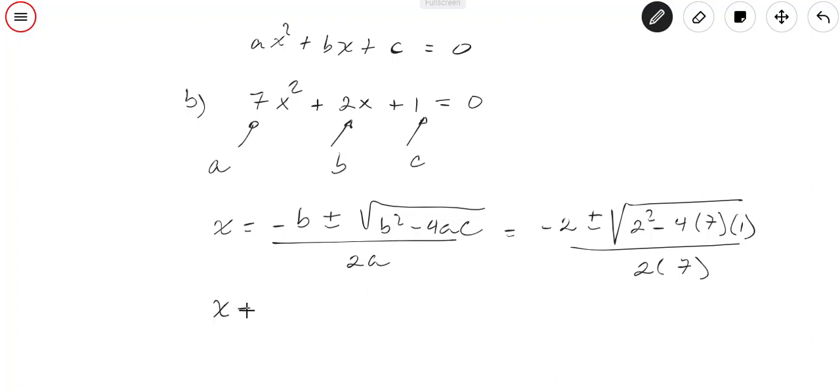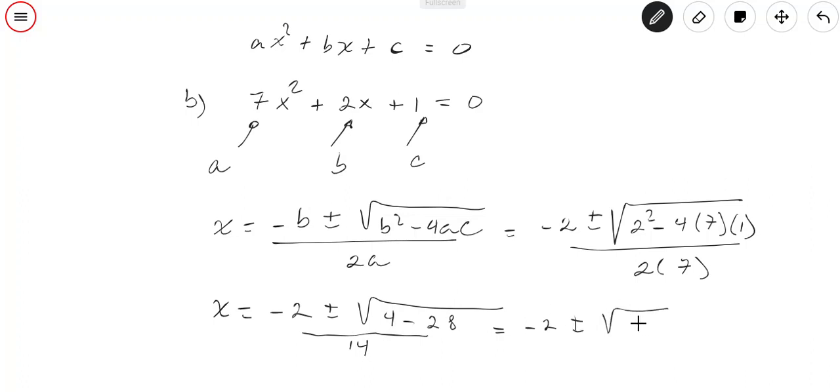So I have that x equals negative 2 plus or minus the square root of 2 squared is 4, minus 4 times 7, 28, over 14. So this is negative 2 plus minus the square root of 4 minus 28, which is negative 24, over 14.